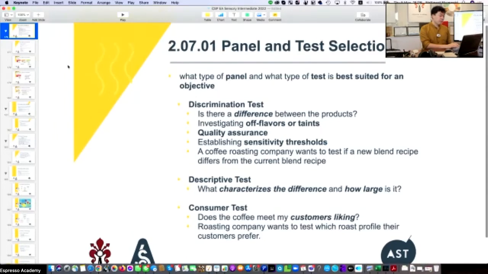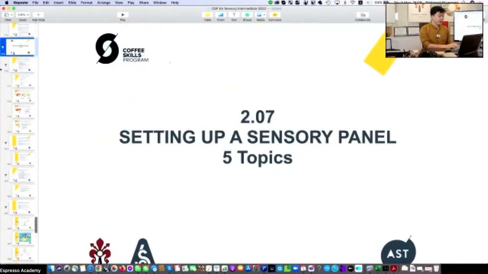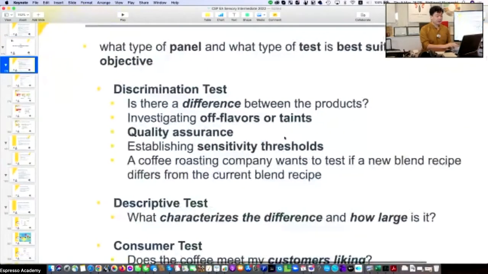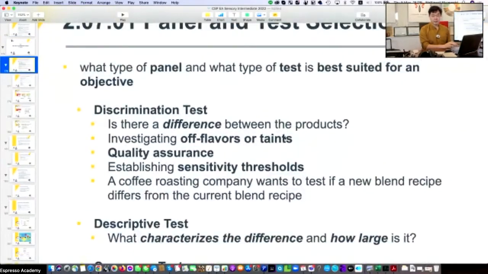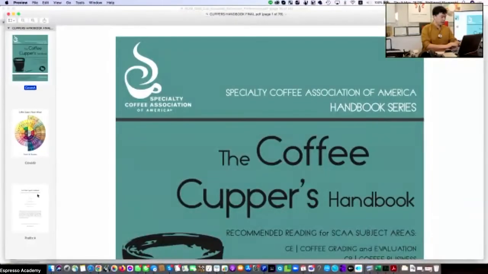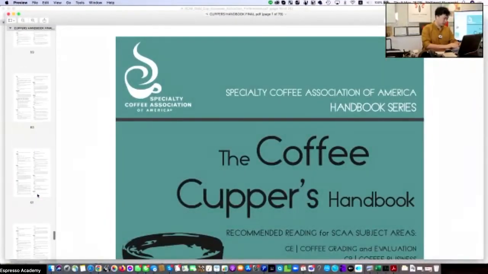So the panel selection, right? You already did that. Now you need to set up your sensory panel, and that is also mentioned in the cupping handbook. There is a section where you can select your panel.